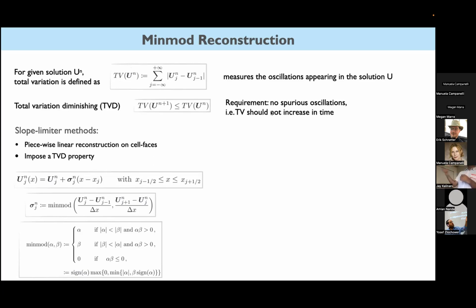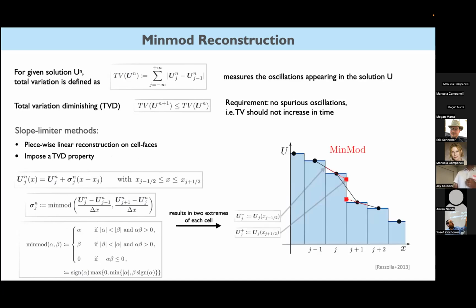So we have these slope limiter methods, which typically obey such properties, and you use a simple linear reconstruction on the cell faces. For instance, you have your solution U_j^n, which can be rewritten in this way, where you have sigma, which is the slope, and you employ this min-mod scheme mentioned here.